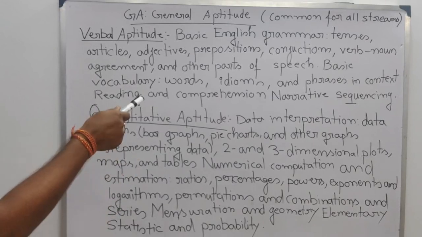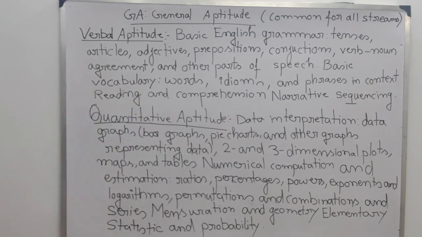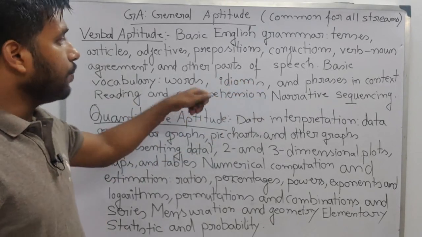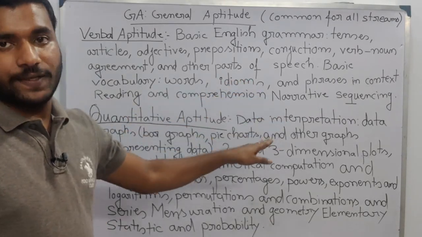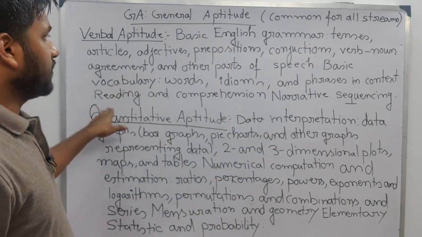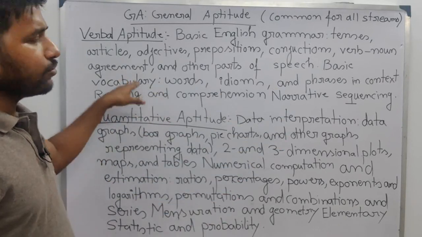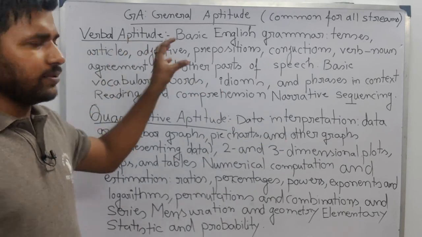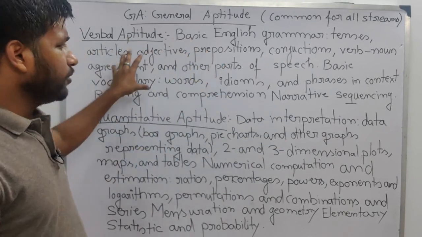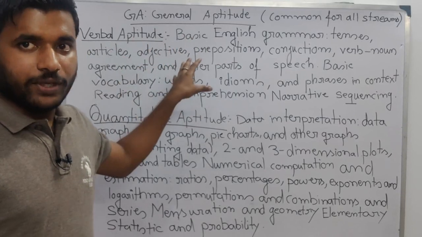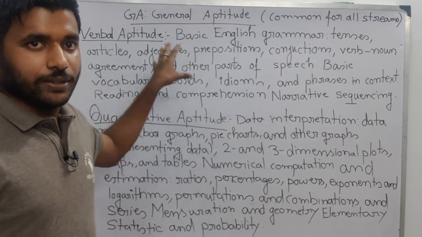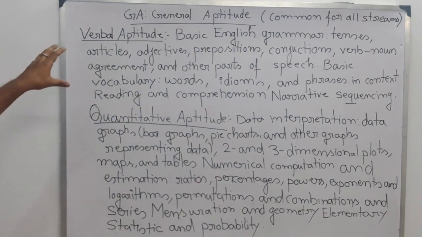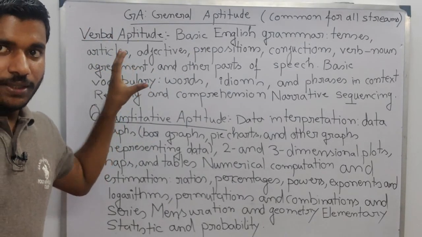Then basic vocabulary, words, idioms and phrases in context, reading and comprehension, narrative sequencing. Generally, I have seen that up to 5 marks of questions they ask from verbal aptitude. So if your English is good, then you are going to score 5 out of 5, because it is going to be easy. So it is a scoring part in GA, but for that your English needs to be a little bit good.